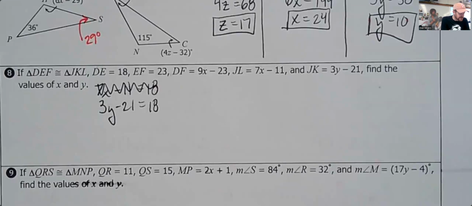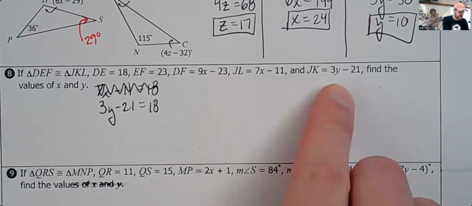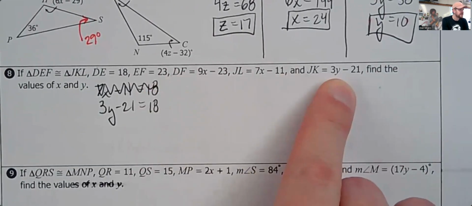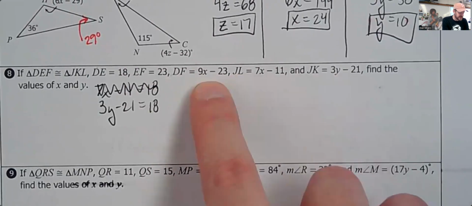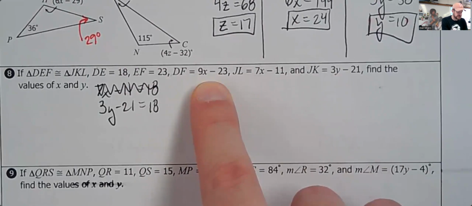What else do we have? EF. What does EF match up with? EF matches with KL. Okay. Do you see anything with KL? Like up here? I don't see anything with KL either. What does DF match up with? JL.